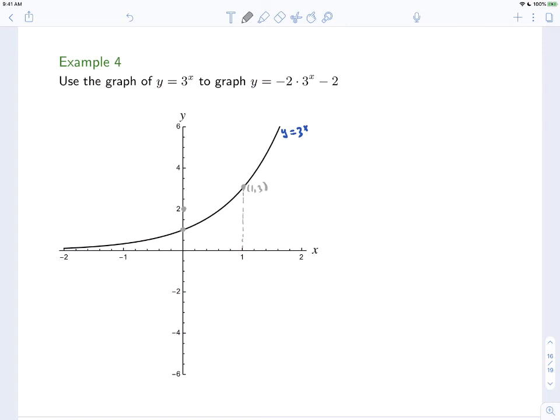We want to multiply that by 2, so that's going to give us 6. Maybe that's a little too high. 6, like so. So this is going to give us the point (1, 6) on this graph. So first thing I'm doing is multiplying by 2. So let's just connect these up a little bit. So this is going to be something like this.